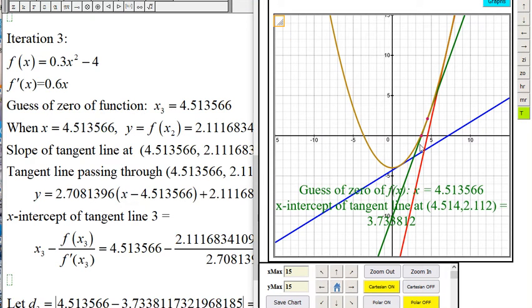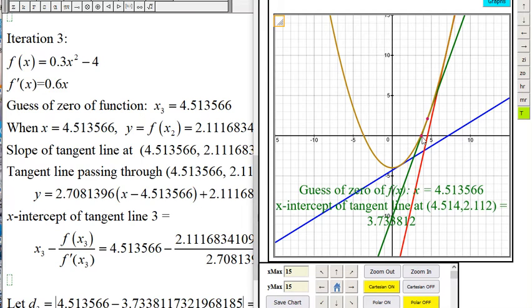So once again, for iteration number 3, we let the guess of the zero of the function be 4.5, and then we found the corresponding y, which is 2.11. So this point right here is going to be 4.5 and 2.11. And then we draw a tangent line through this point, which is the green line.